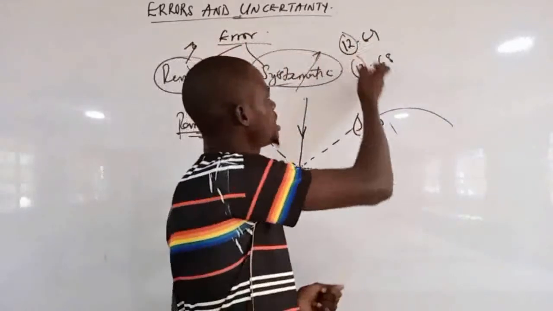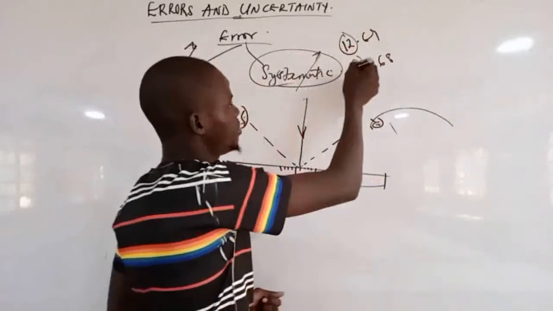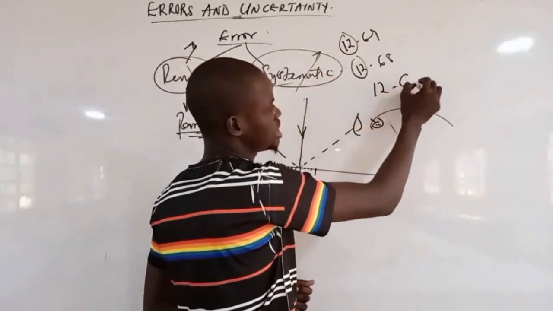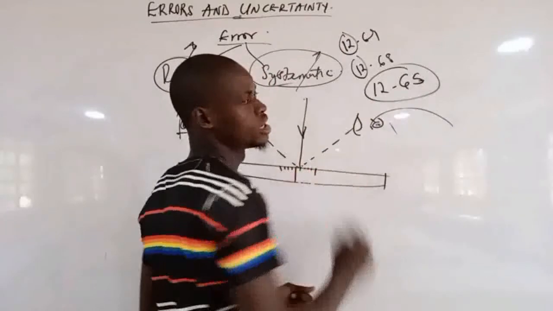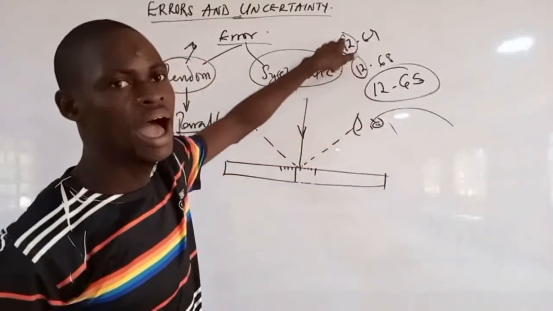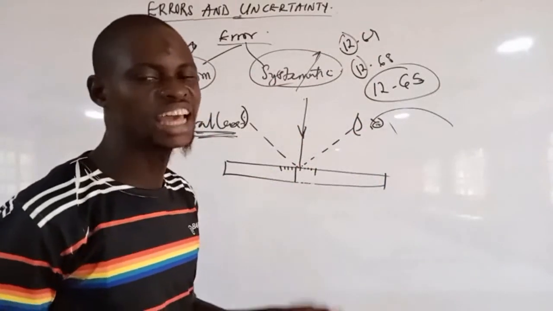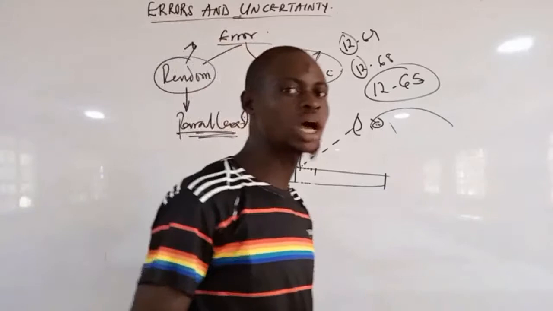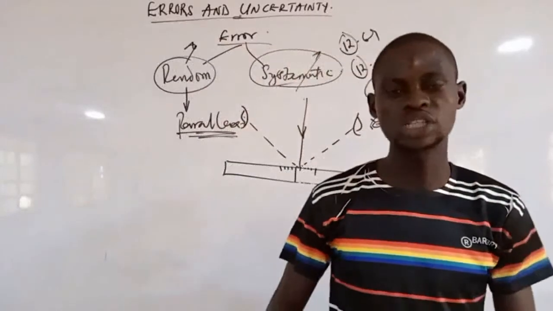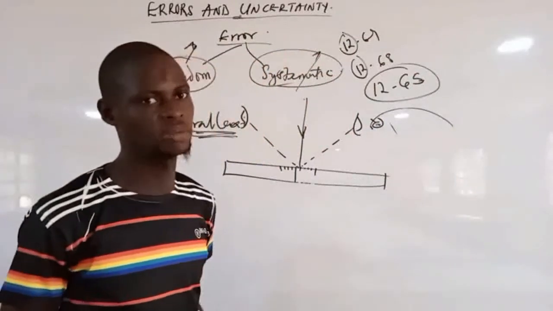These are what we call uncertainty. The actual measurement might be 12.65. All these ones are the measured lengths, not the actual. So we can't get the actual measurements by measuring, if two different people are taking the same measurement.